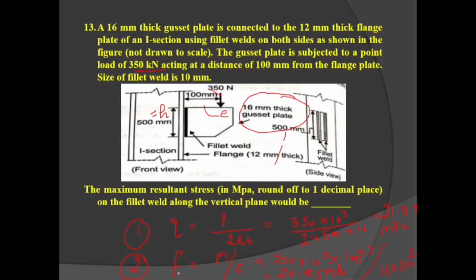Now we can easily calculate the value of the resultant stress. So my dear students, here our resultant stress is equal to the whole under root of F square plus 3 times Q square.